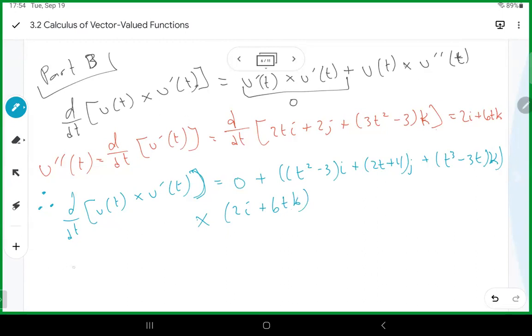And then we're going to have a fun matrix. i, j, k, t squared minus 3, 2t plus 4, t cubed minus 3t. I'm going to spread these out a little bit.